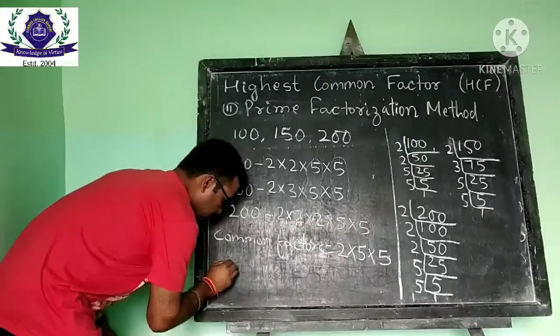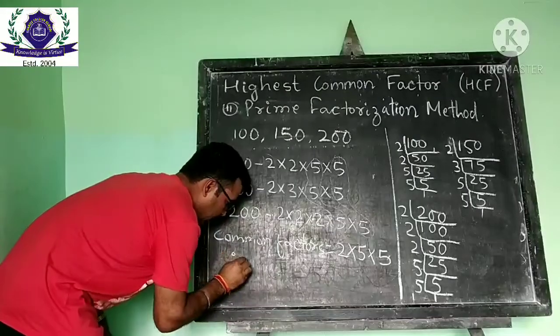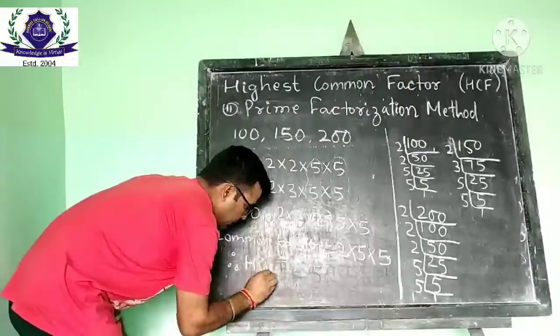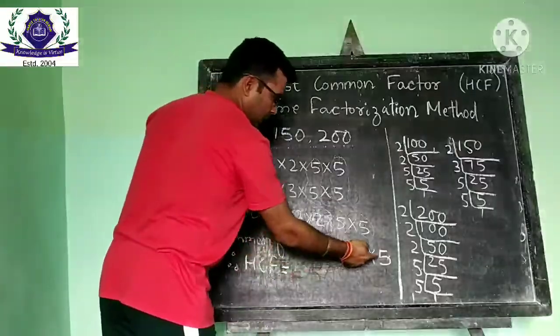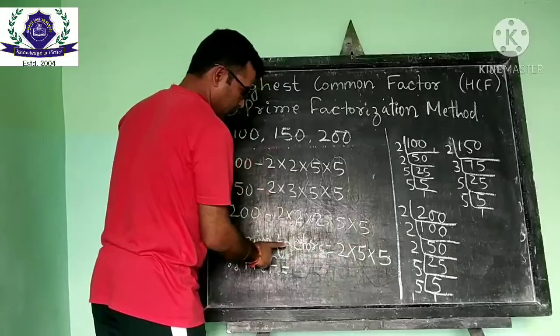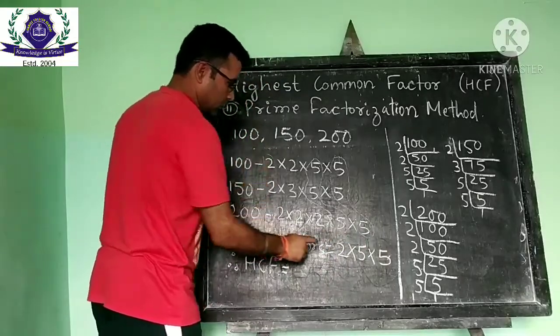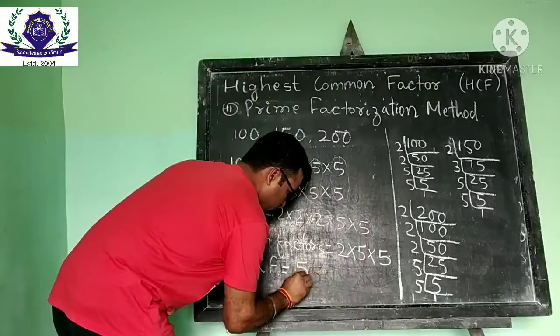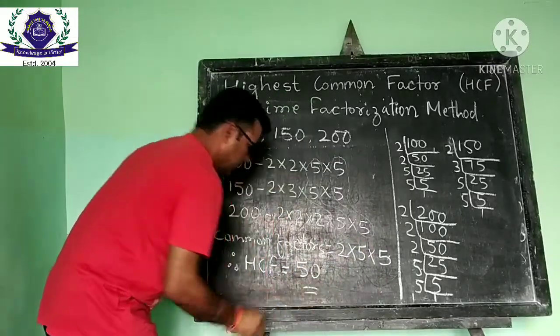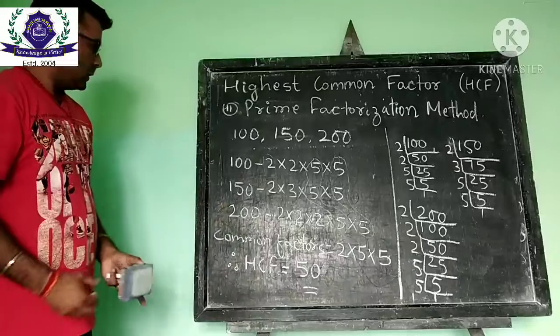So here, therefore, HCF is equal to, we have to multiply these out. The product of common factors is the HCF. So 2 5s are 10, 10 5s are 50. So 50 is the highest common factor of all these numbers.